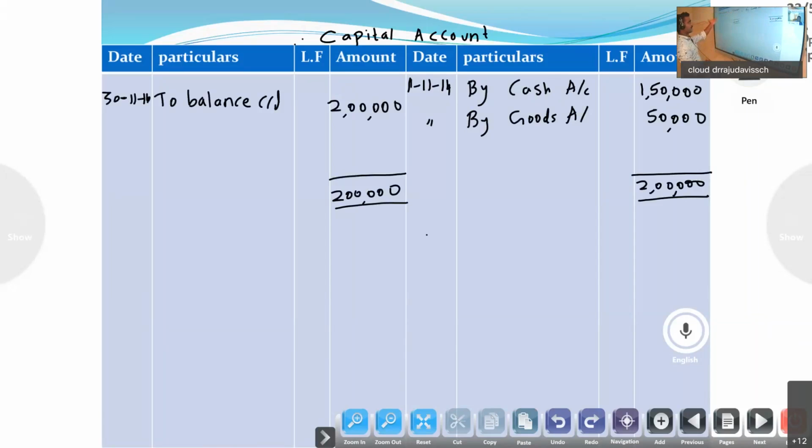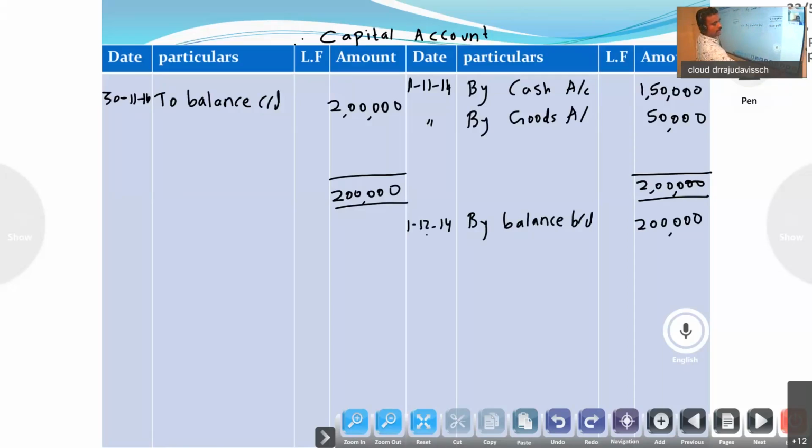Okay, so this year's closing balance will be next year's opening balance. 1/12/14, by balance b/d, 2 lakh. Okay, so cash account over, goods account over, then capital account over.